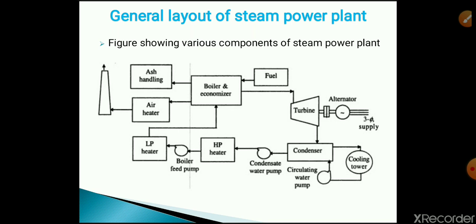That dry steam is supplied to the turbine, where steam is expanded over the blades of the turbine. After expansion over the turbine, that steam is transferred to the condenser, where its condensation takes place. The output of the turbine is given to the alternator or generator to generate the electricity.